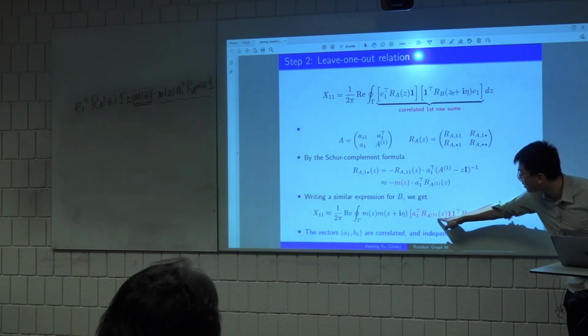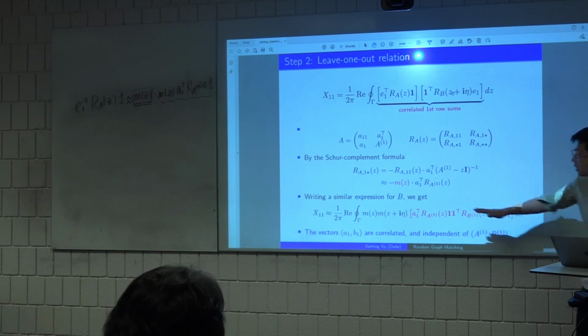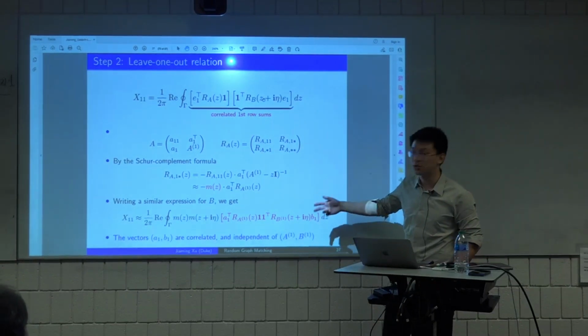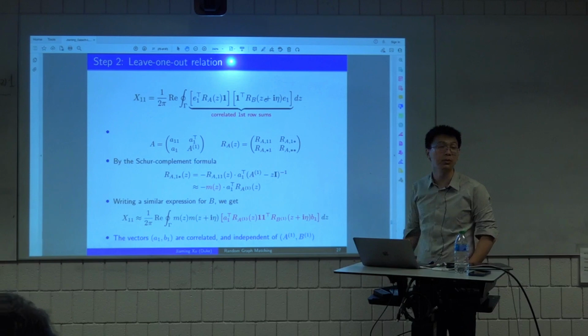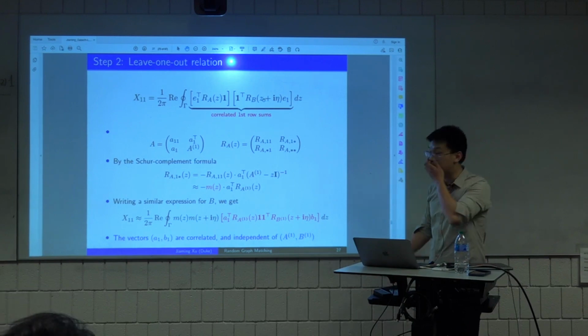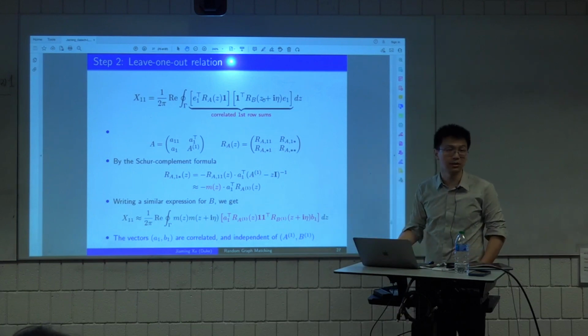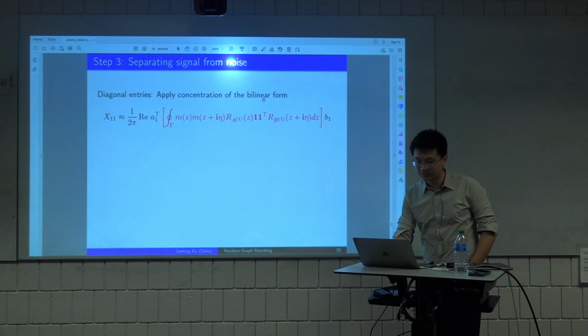And they are independent of the resolvent of the submatrix. So I can condition on this submatrix and then study the concentration with respect to the randomness of little a1 and little b1. This is how I capture the correlation, because a1 and b1 are correlated. At least this is the high level strategy.